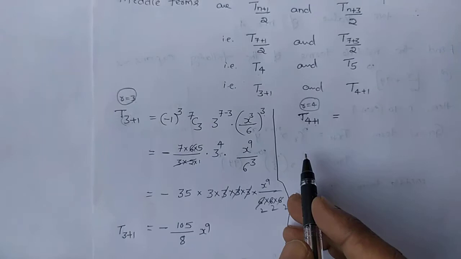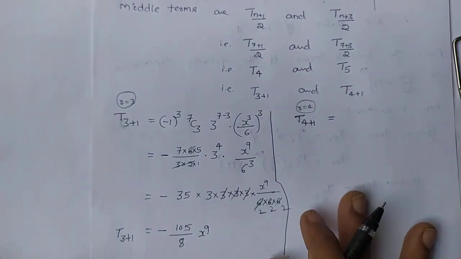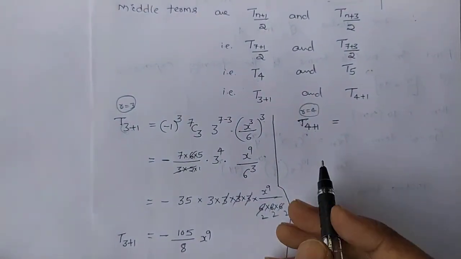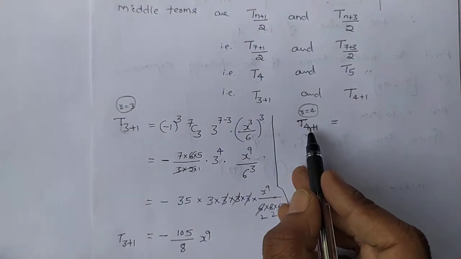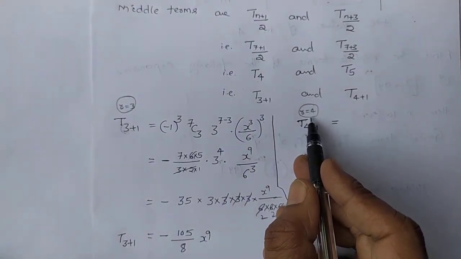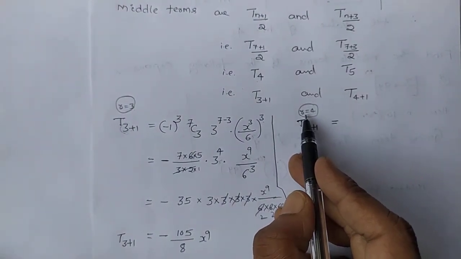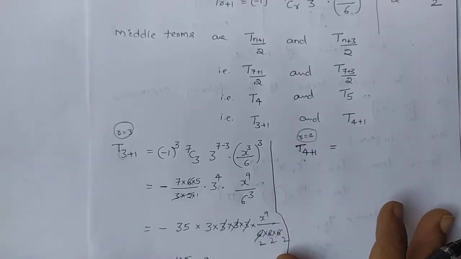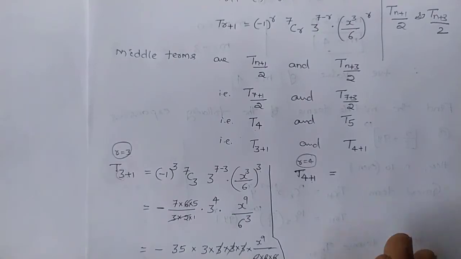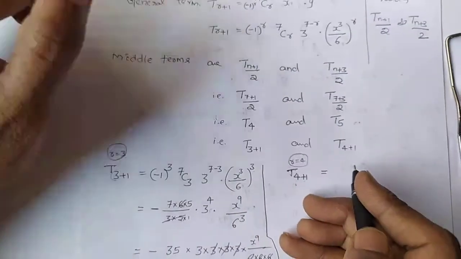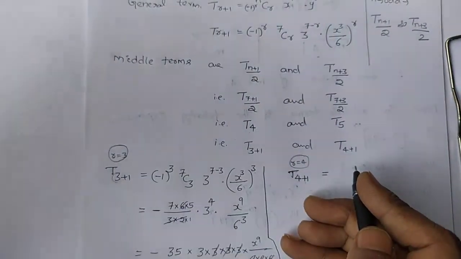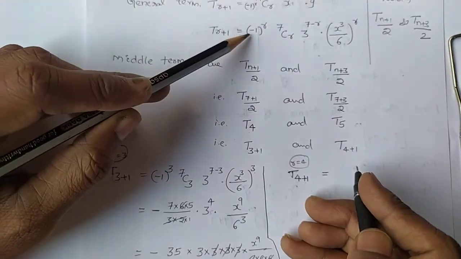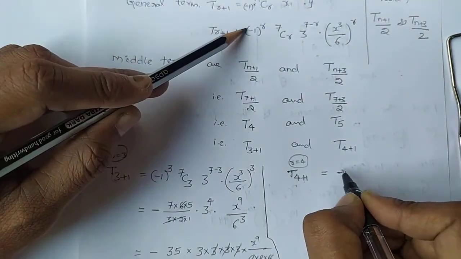Now what about one more middle term? We have one more middle term. In this second middle term, we have to substitute 4 in place of r in the general term. See once again the general term: (minus 1) whole power r.